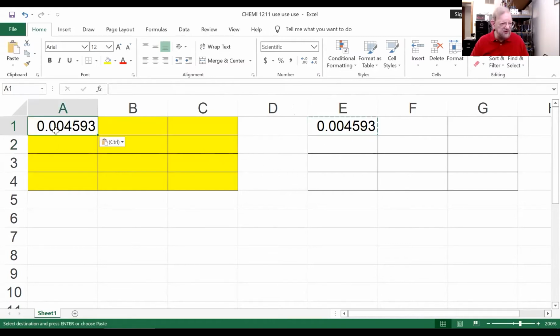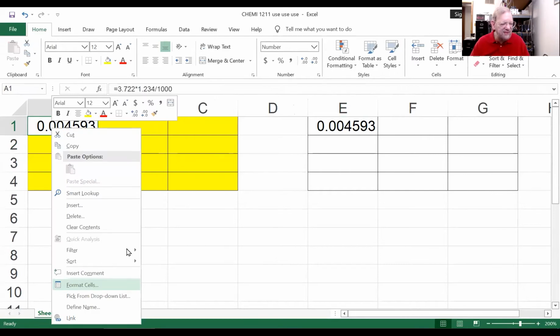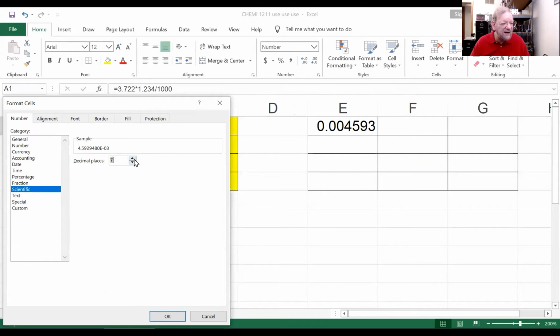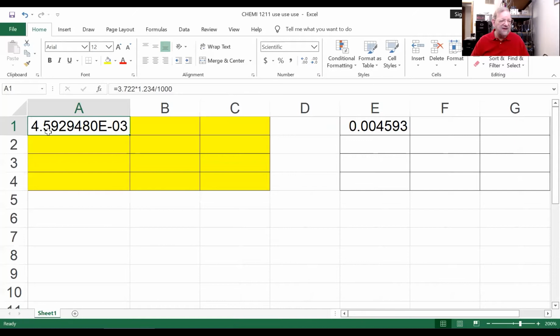And for those of you in scientific notation, over here in A1, you'll see this, and I'll let you round that off to 4 significant figures.